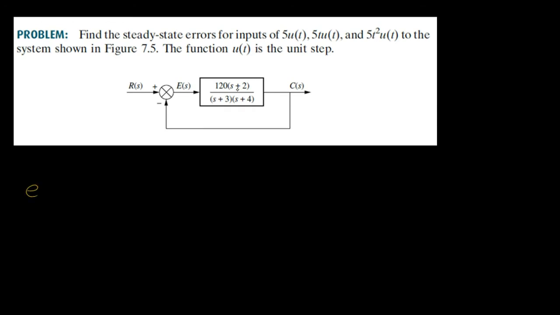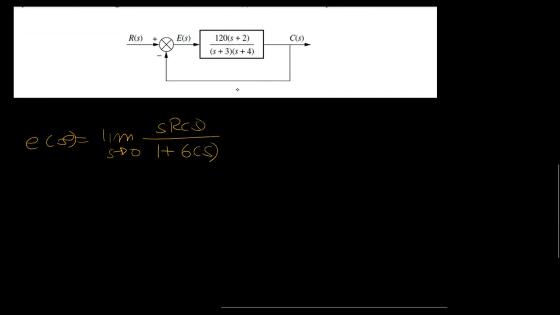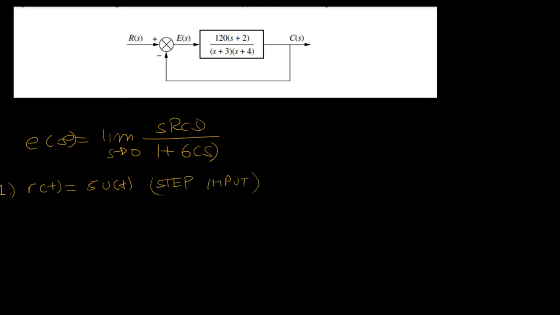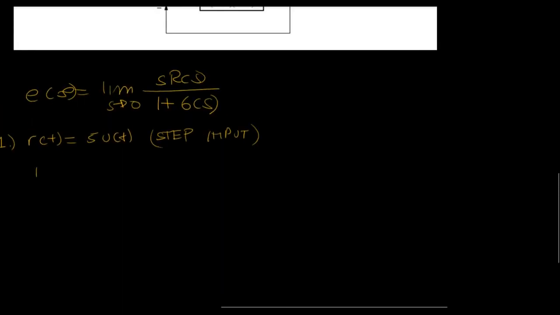Formula natin, e of infinity equals limit as s approaches 0, s R(s) over 1 plus G(s). Doon muna tayo sa unang input. Number 1, r(t) equals 5u(t), which is a step input. R(s) transform is 5 over s.